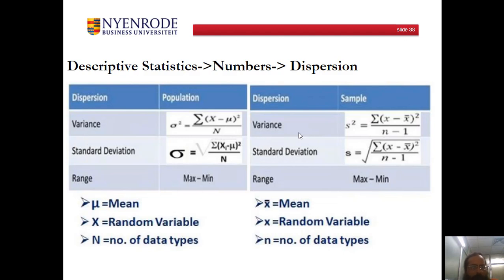You don't have to go into the mathematical formula of how to find variance and standard deviation, since most of the time you'll be working with SPSS or any other statistical software to find it out. But I wanted to bring your attention to the underlying meaning of this measure.